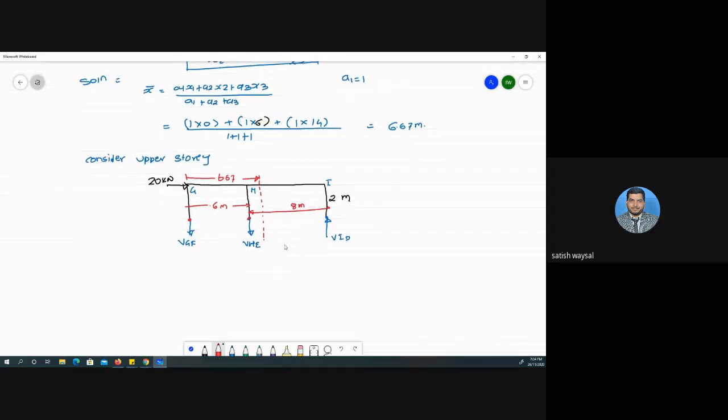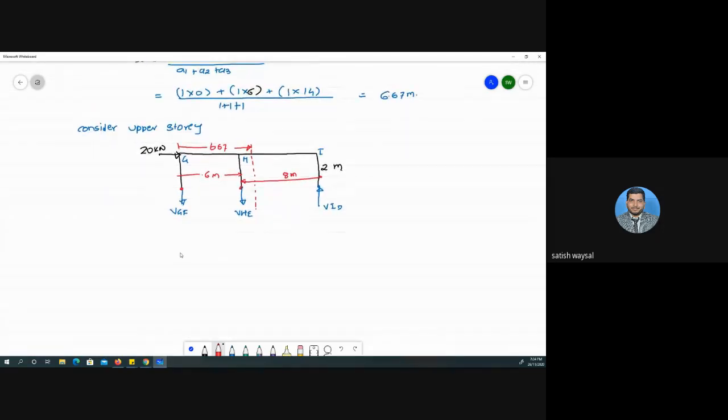Now, according to our third assumption, we can have a relationship: VGF is equal to... where is VGF located? All distances we have to measure from this axis, from this x bar.